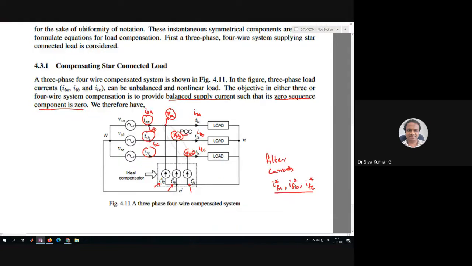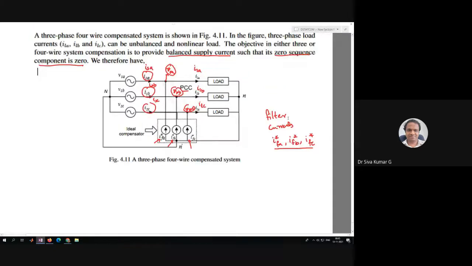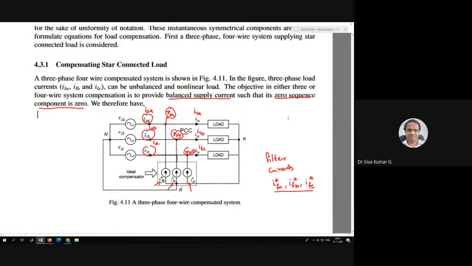There are three objectives. One of the objectives is that the source currents are balanced when the compensator is injecting the filter currents.